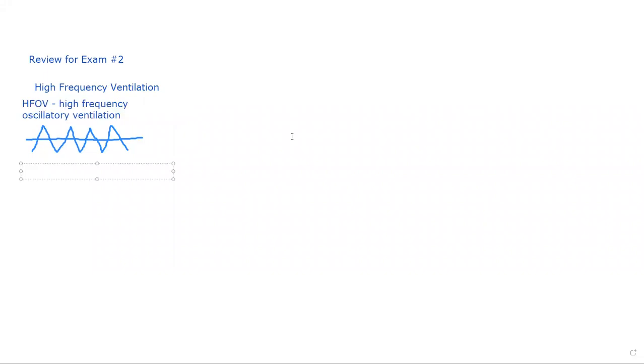So you have to know the settings. And one test question asks you to enter settings for a neonate being placed on the oscillator.